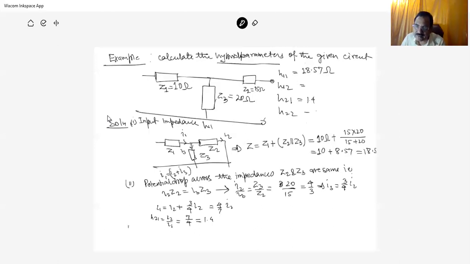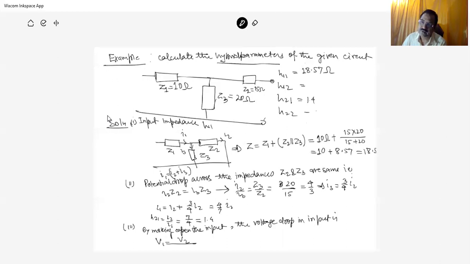Now the third point is by making the input open, the voltage drop in input is V1, that is V2 upon Z2 plus Z3 into Z3.